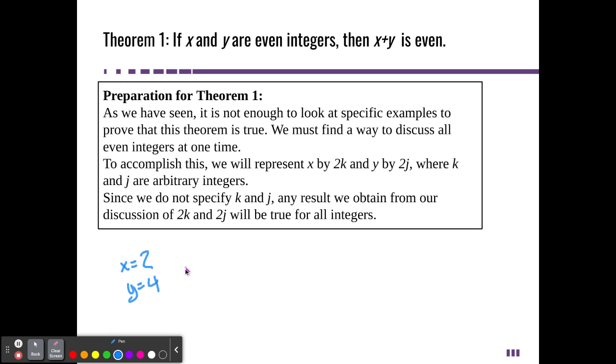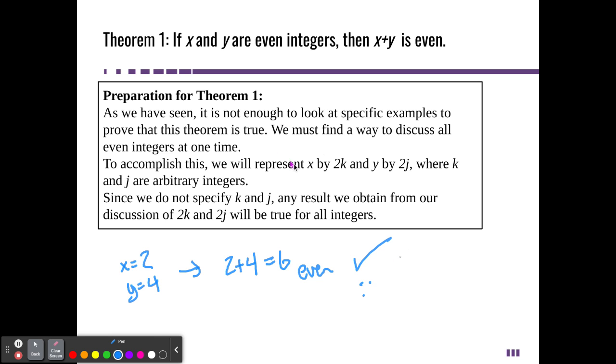Those are even integers, so that implies 2 plus 4 is equal to 6, which is even. And that's like, check, we're done. Well, it doesn't work that way, because that's just one specific example. Just like we'll get to with counterexamples later, you need to look at all possible situations to prove something true. So by using an arbitrary scenario with variables, we accomplish that.